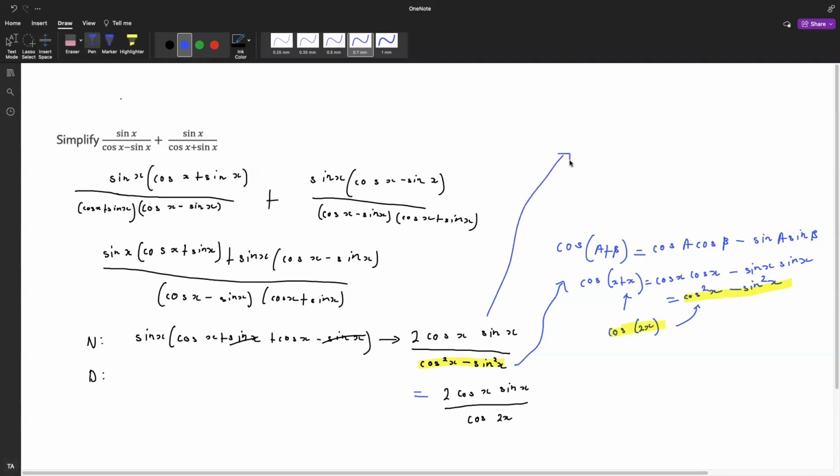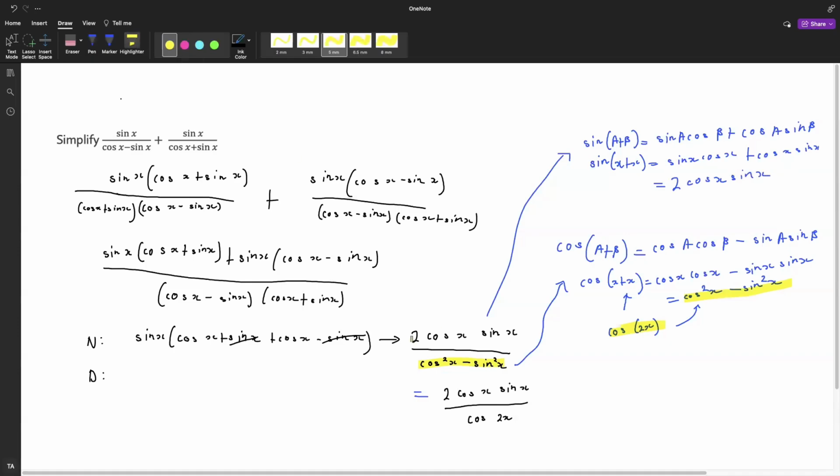Basically, the sine identity says that sine A plus B is equal to sine A cos B plus cos A sine B. Now again, if we look at what we have here, if we just do sine x plus x, that's equal to sine x cos x plus cos x sine x, which is again just equal to 2 cos x sine x. Okay, same thing as we have in the numerator.